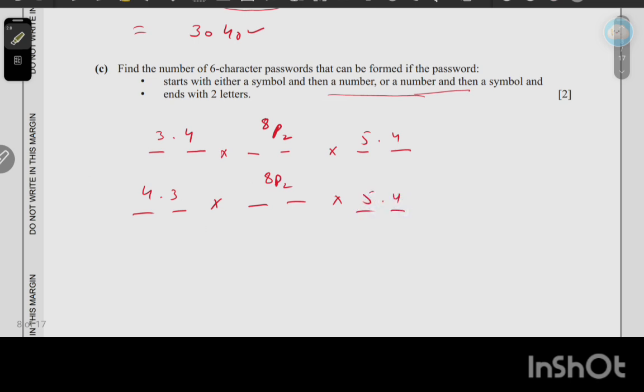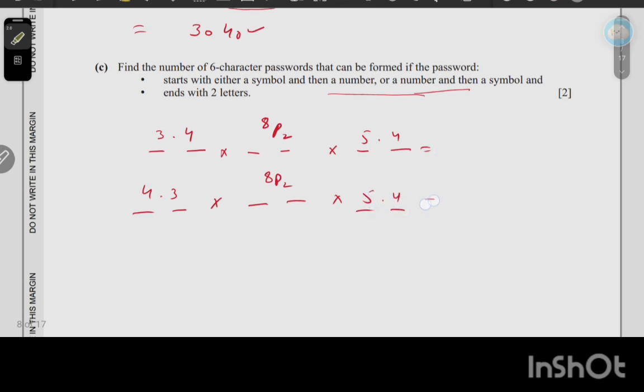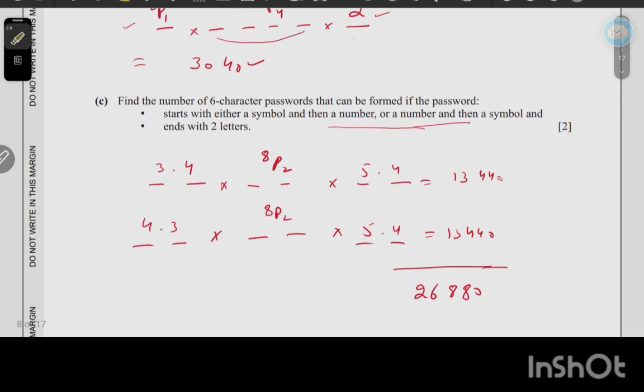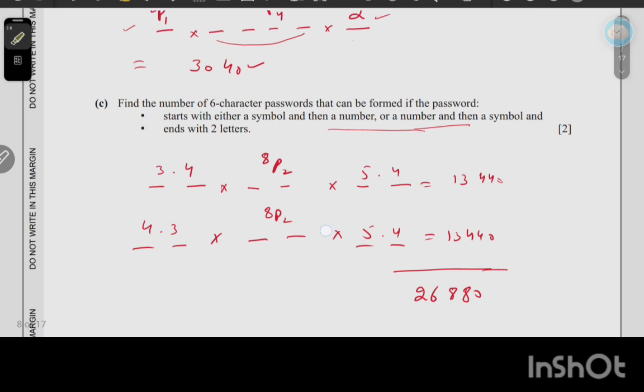So we have to apply it there and here and just add all of them. If we apply this, we get 13,440 by using the calculator, and if we add all these, we get the answer 26880.